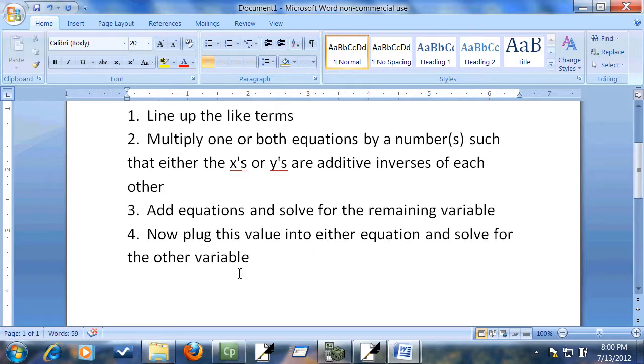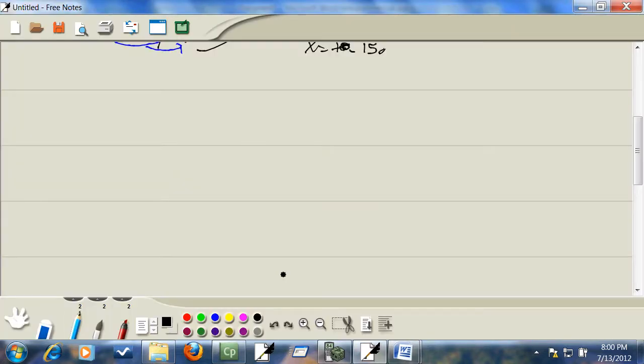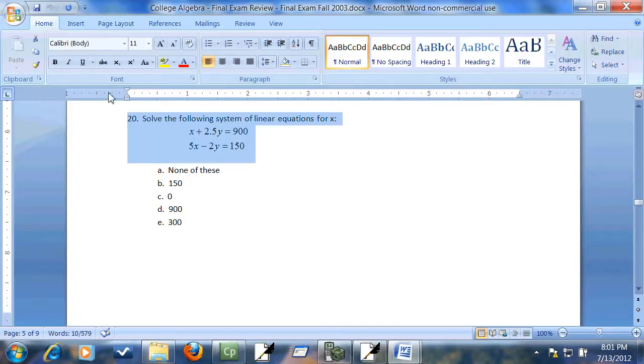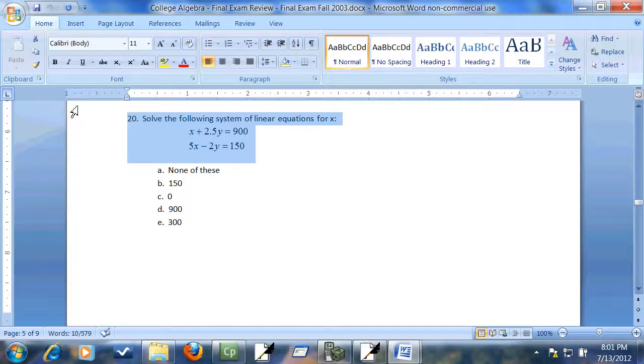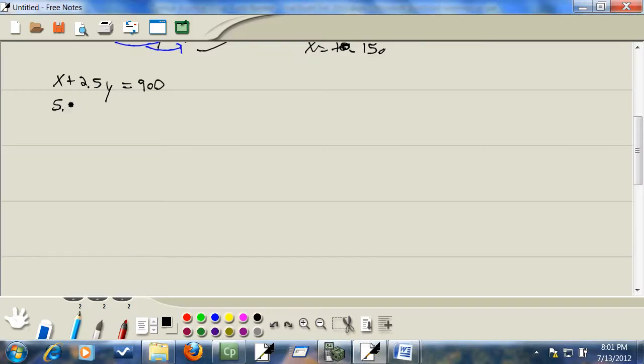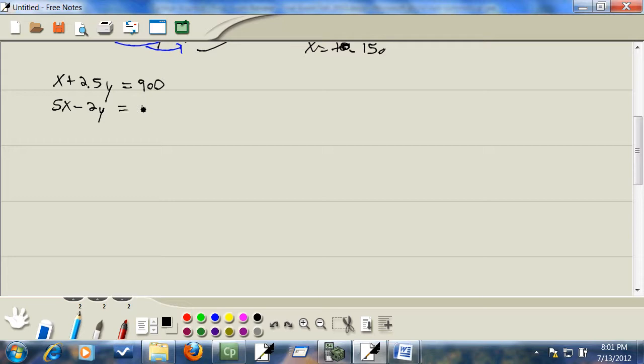Okay, so let's use these steps here. So we got x plus 2.5y equals 900, and 5x minus 2y is equal to 150.